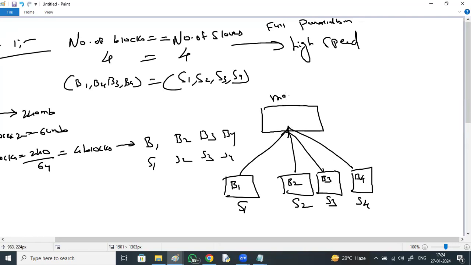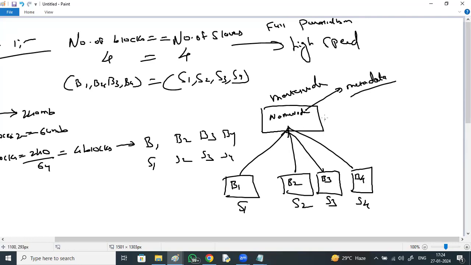Here, this is the master node. Within the master node we see the name node. The name node stores metadata. Metadata means data about data. It won't store data, only metadata information.